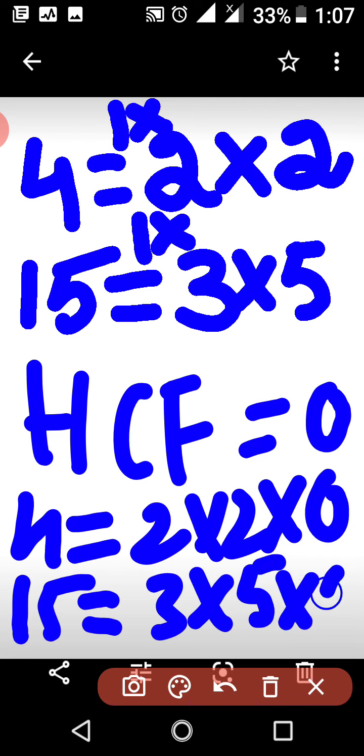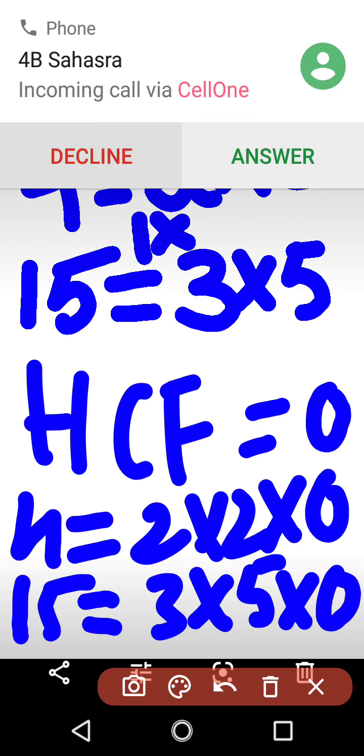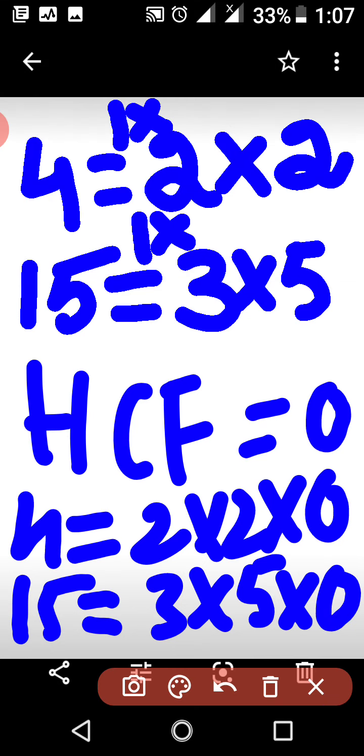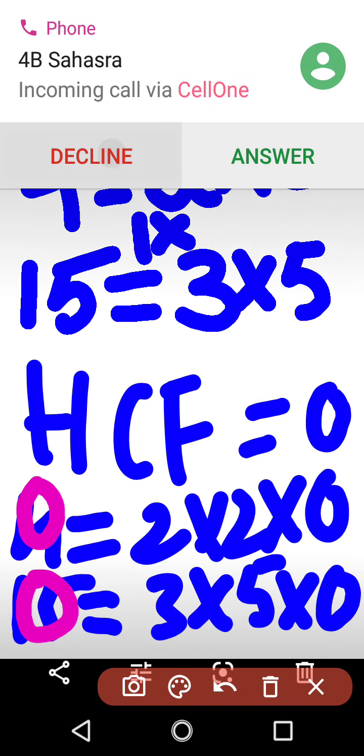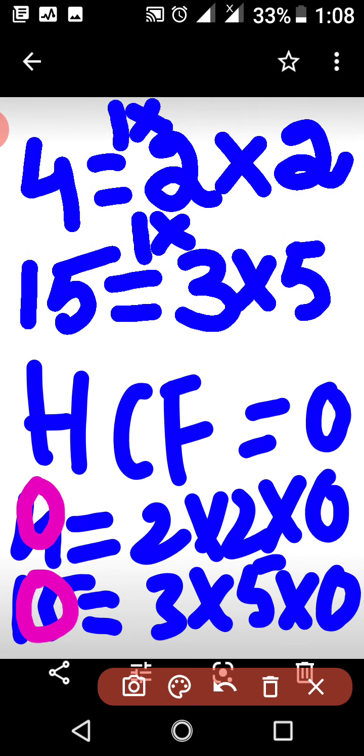Factor means, can I write like this in the multiplication process? So if you see, 0 into any number becomes 0, then this 4 also becomes 0 and 15 also becomes 0. Got it? That's why 0 is not the highest common factor for any two numbers. So if you don't have common factors, simply we can take 1 as the highest common factor.